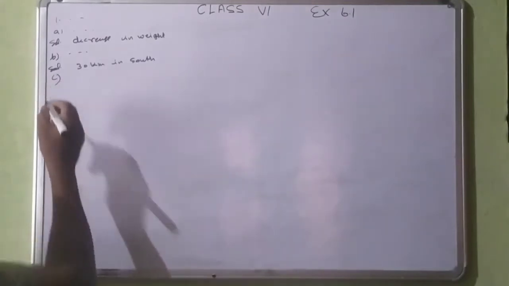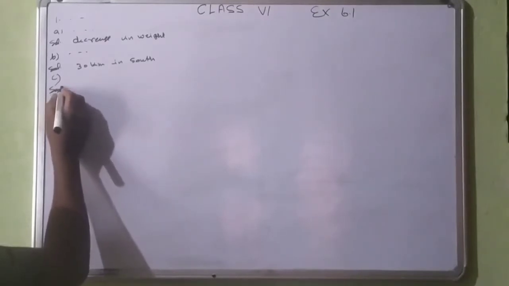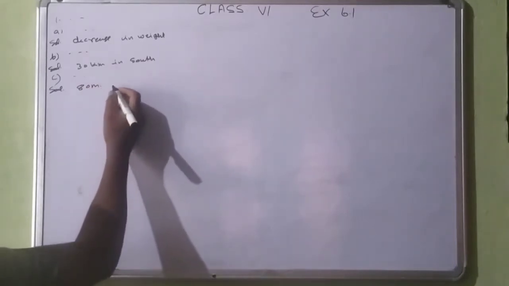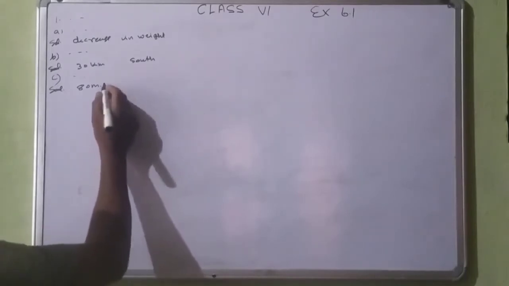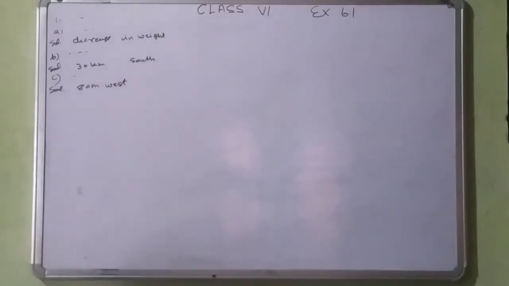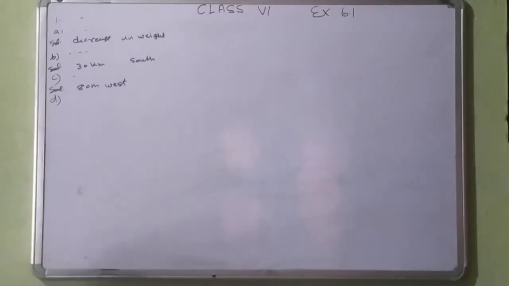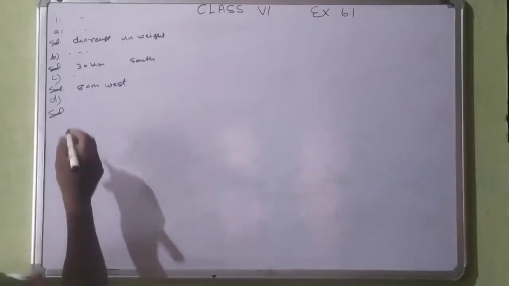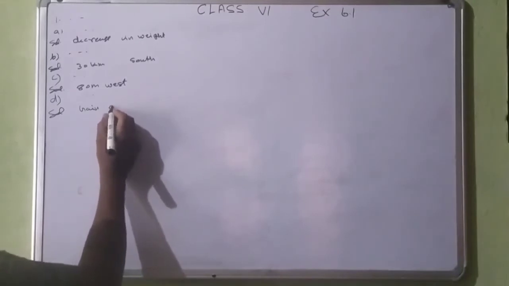C part is 80 meter east, so that will be 80 meter west. Right? D part is loss of rupees 700, so this will be gain of rupees 700.